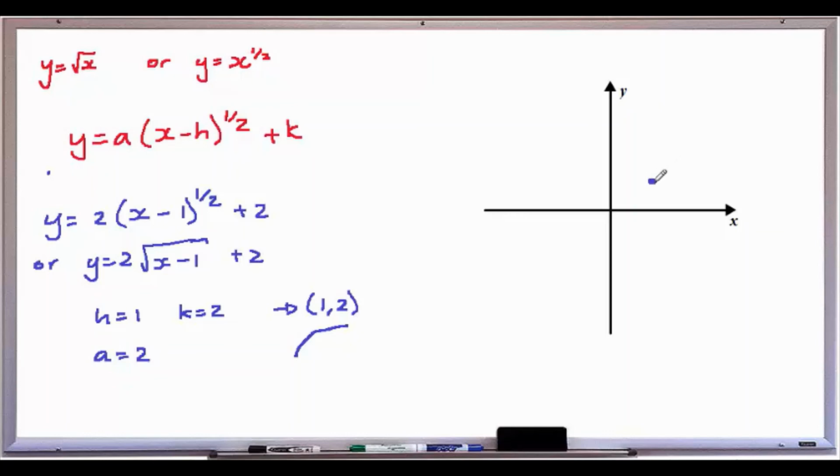So therefore, this square root function graph will look like that. And that's how it looks. And this point here will be at (1, 2). Now, remember, if I make this negative, so if I ultimately negate y and had a function, let's do it in another color, like y equals negative 2 root x minus 1 plus 2.